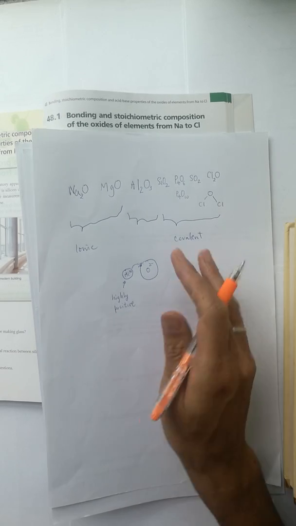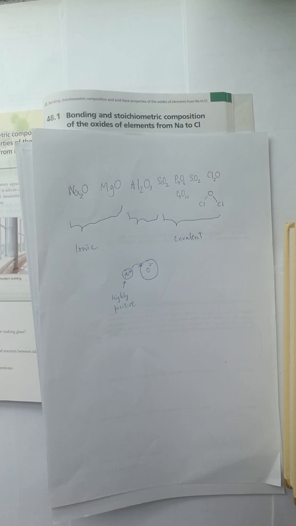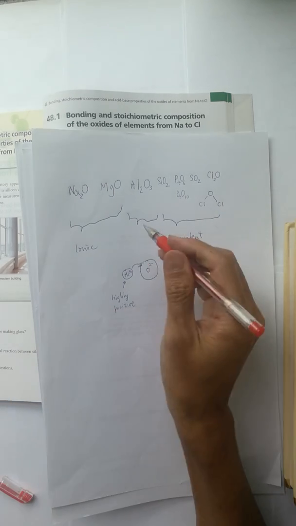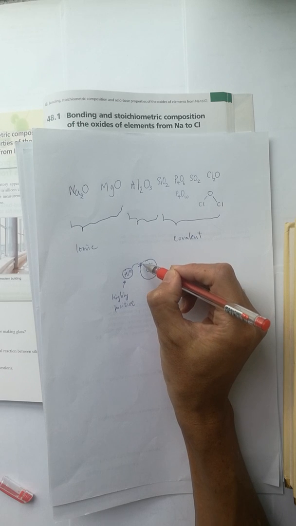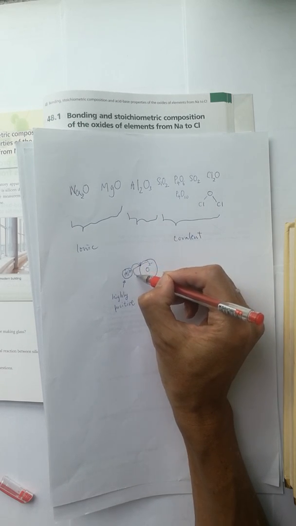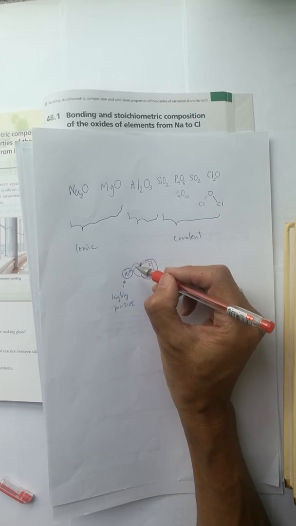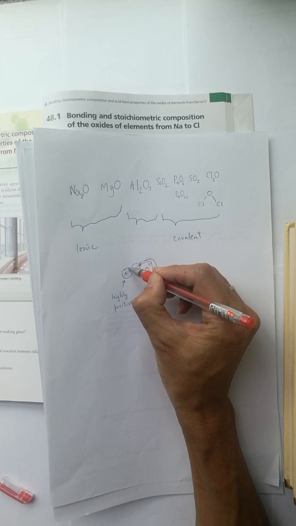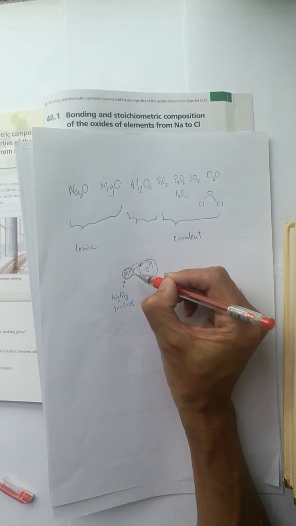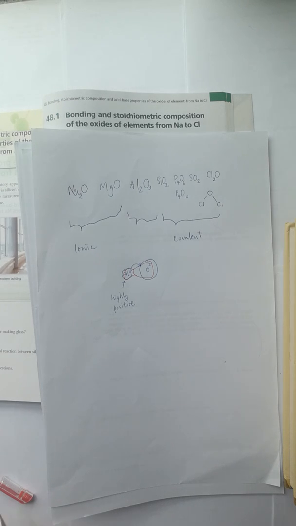So the anion's electron is now drawn to the aluminium, and even sharing occurs between the aluminium and oxide ions.